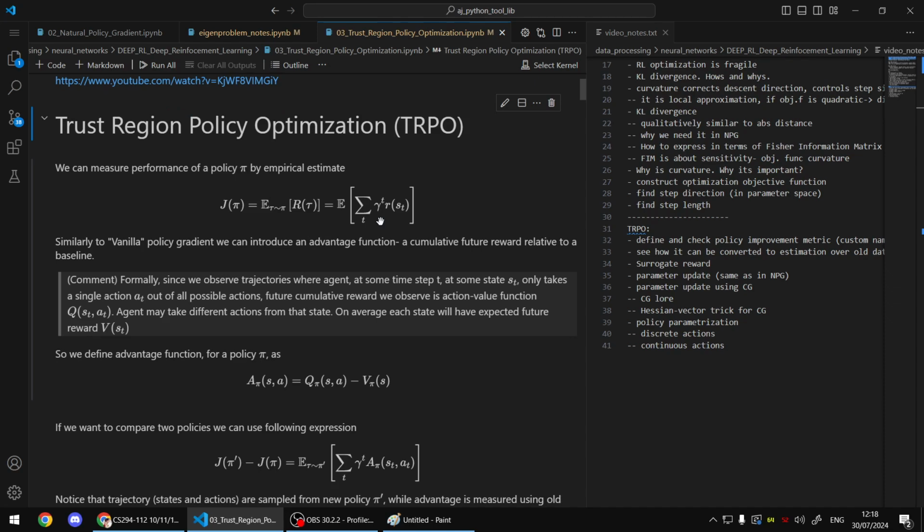It's saying we are trying all the possible trajectories, or at least we can estimate it as such. We try many different trajectories, and we calculate an average of the cumulative reward.